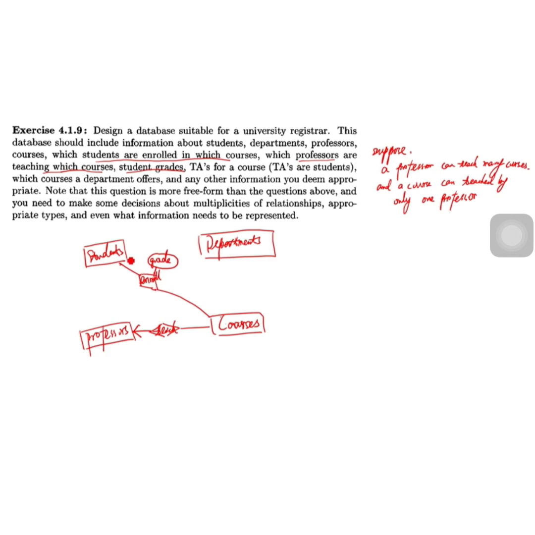It's not an attribute of student, because a student may enroll in many courses and can get many grades. And it is not an attribute of course, because for a course there are many grades, one grade for each student. So grade is an attribute of this relationship.